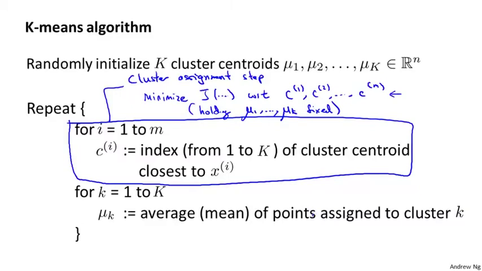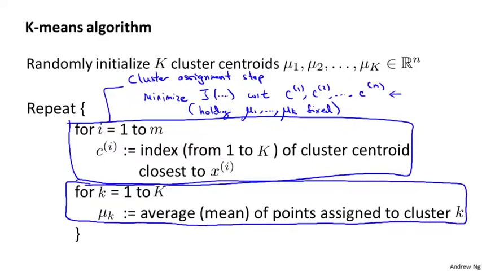But it has a pretty intuitive meaning: let's assign each point to the cluster centroid that is closest to it, because that's what minimizes the squared distance between the point and its corresponding cluster centroid. And then the second step of k-means was the move centroid step.